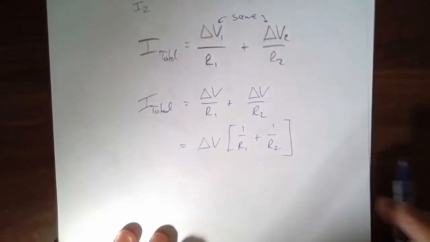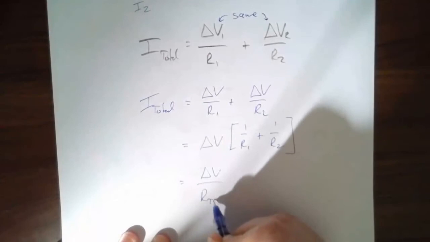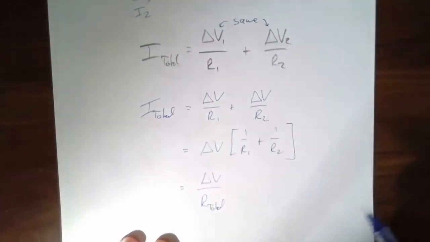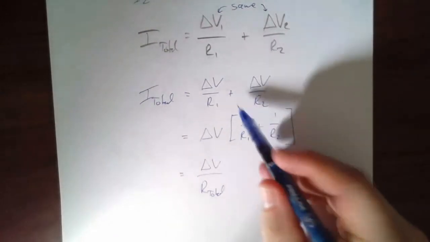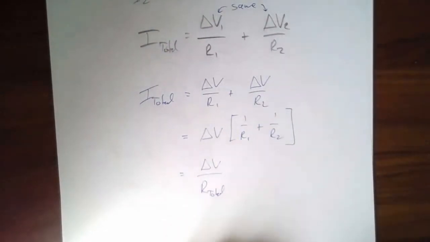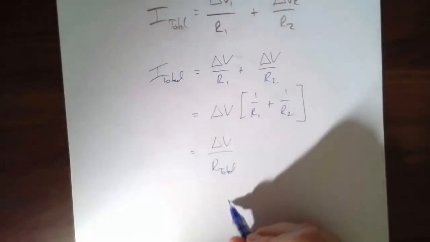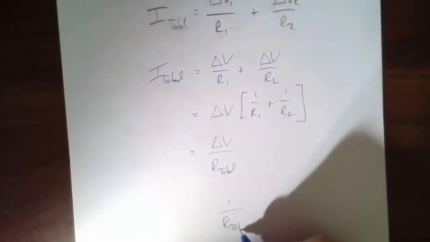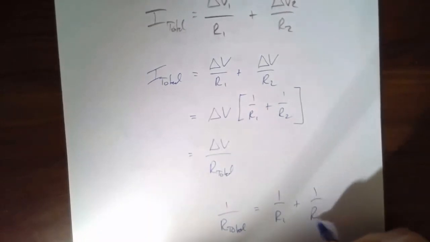Now, if I were to write this as delta V divided by R total, right? So you can ask, what's the combined resistance? We can see that this thing here is equal to 1 over R total. So I find that 1 over R total is 1 over R1 plus 1 over R2.